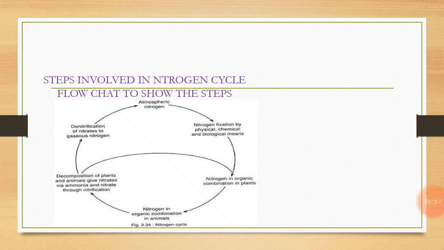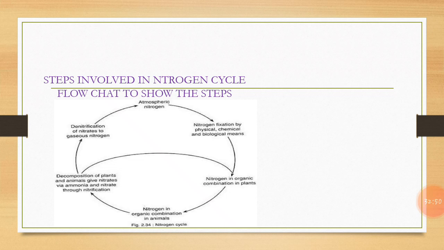In this process, the nitrogen compound makes its way back to the atmosphere by converting nitrate into gaseous nitrogen. This is the final stage of the nitrogen cycle and occurs in the absence of oxygen.